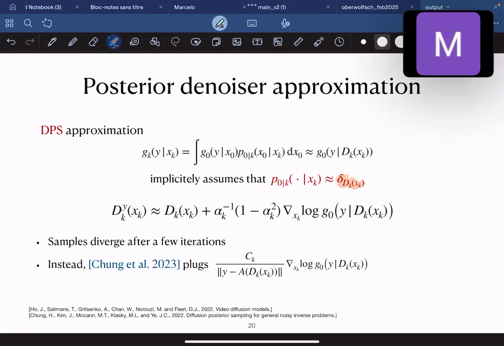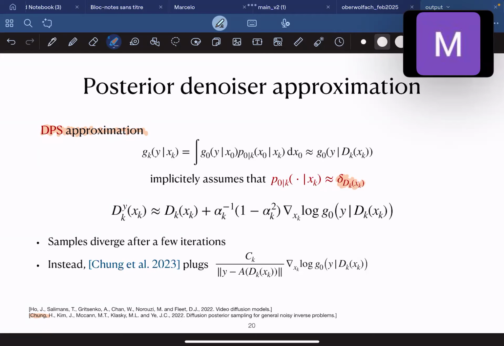Doing so, we have what I call the DPS approximation, which has been proposed in this paper here. If you plug this approximation into the definition of g_k, you have an approximation of the sequence of denoisers associated with the diffusion model starting from the posterior, and you can use this approximate denoiser to get approximate samples from the posterior.